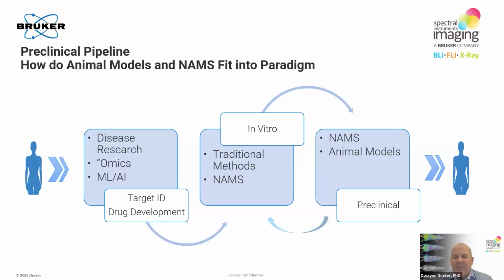NAMs potentially can be used to figure out dosing regimes that would go into an animal model. There are definitely areas where NAMs are going to be a preferred approach because animal models are not very informative for human disease or toxicity. An example is male reproductive tox.